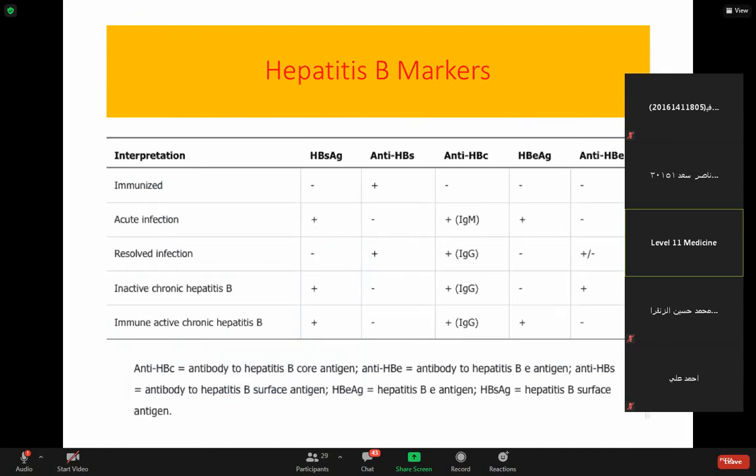So what are the hepatitis B marker? Okay. I don't know if you guys took that in the medicine 1, but hepatitis B markers are complicated a little bit, okay? But we're trying to make it simple. So we'll take hepatitis.